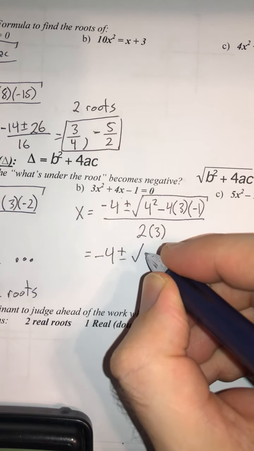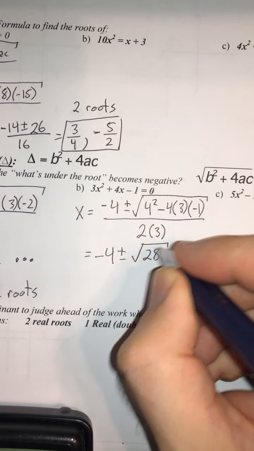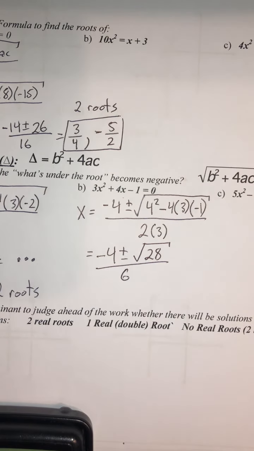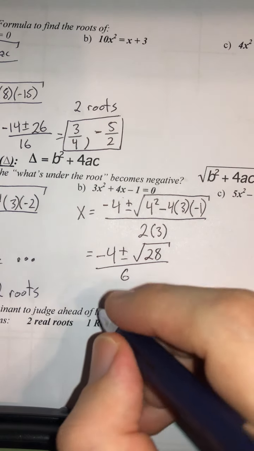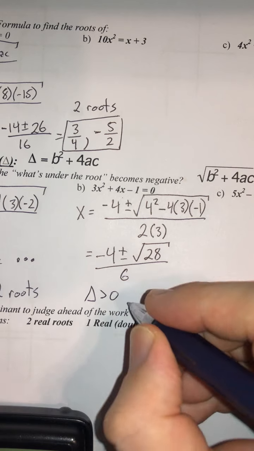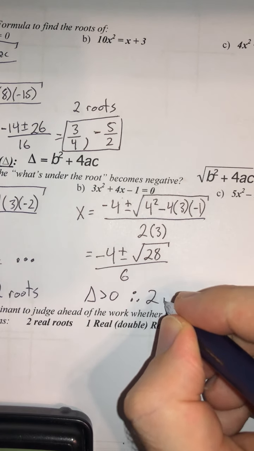So that would give us the square root of 28 over 6. I think something's wrong with this one. Anyways, again, the discriminant's greater than 0, so we're going to have 2 roots.